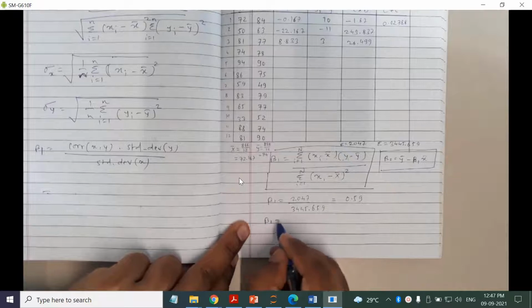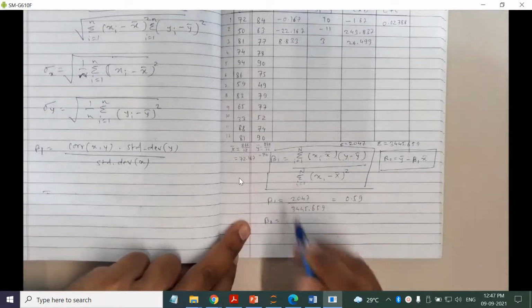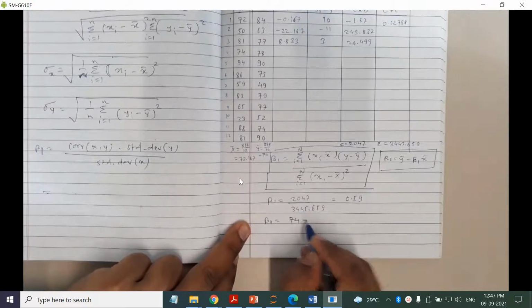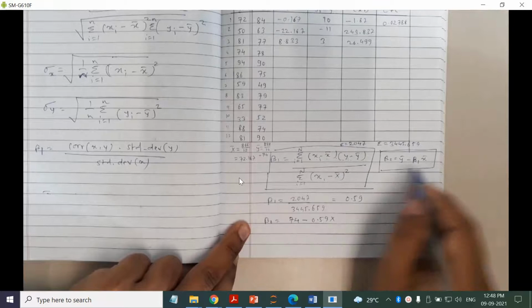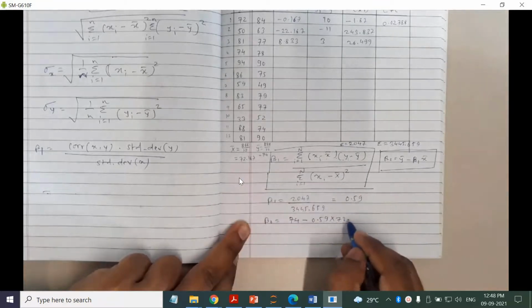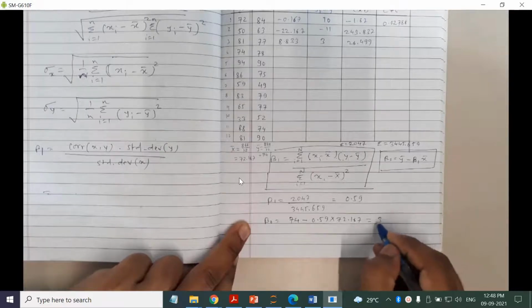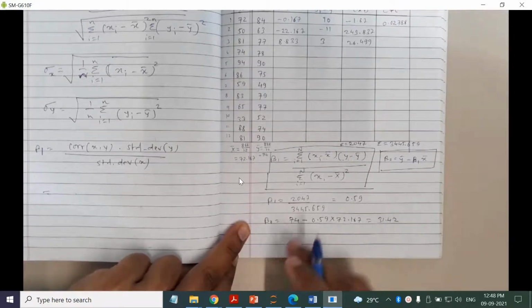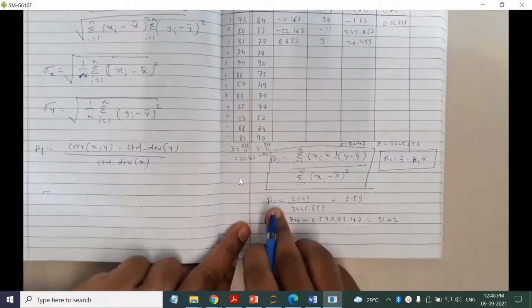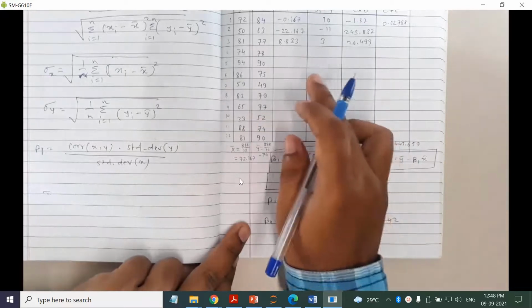Then I can use the beta 0 formula. We know y bar is 74, minus beta 1, which is 0.59, into x bar, 72.167. The result is 31.42. So we have the values of beta 0 and beta 1, which we have learned from the given data samples.